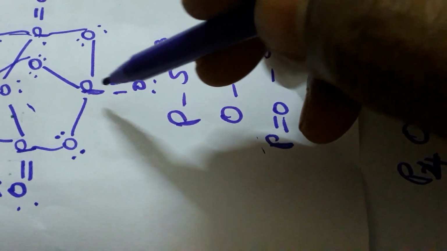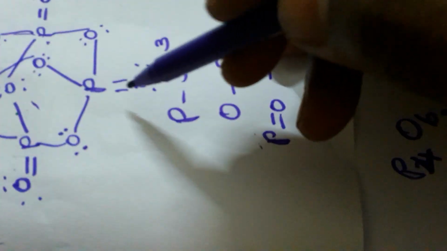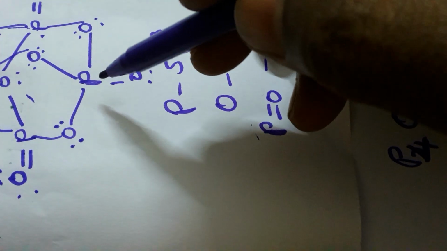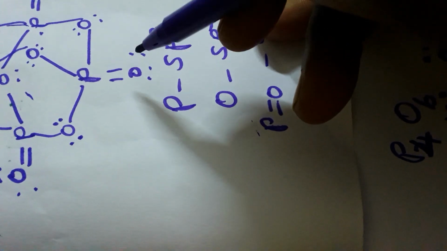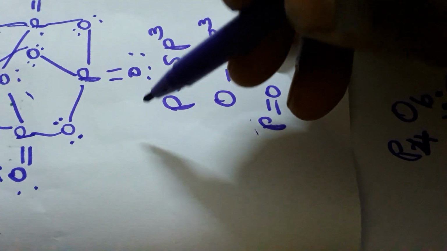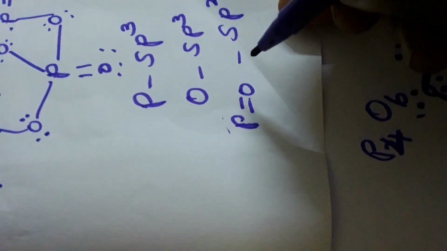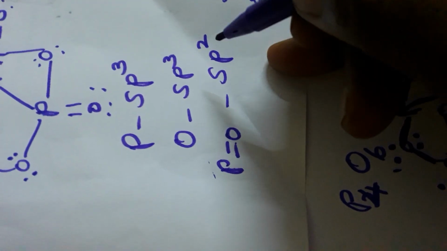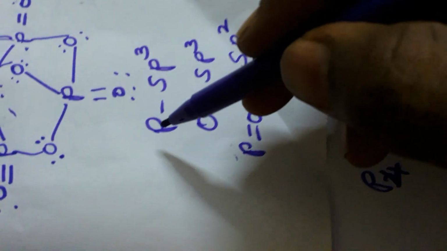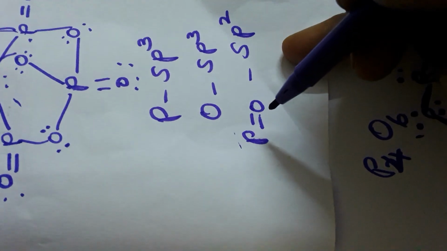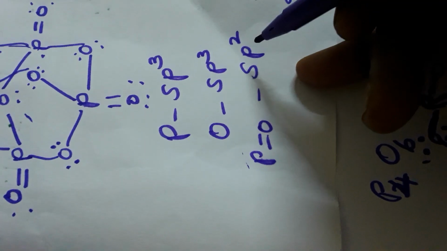Only one bond is present, because a double bond should be treated as a single bond for calculating hybridization. But how many lone pairs? 2 lone pairs. So what is the total number? 2 plus 1 is equal to 3. When the number is 3, it is sp2 hybridization. So phosphorus hybridization is sp3, bridging oxygen hybridization is sp3, and the P double bond O oxygen hybridization is sp2.